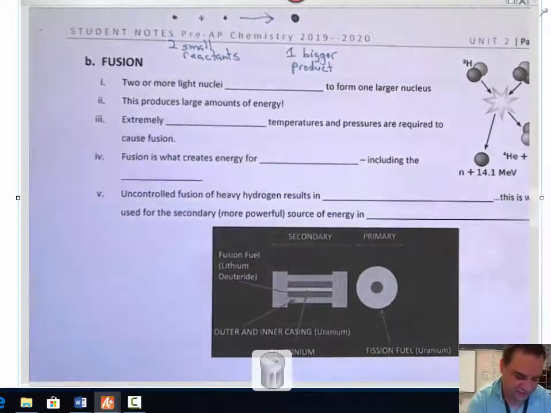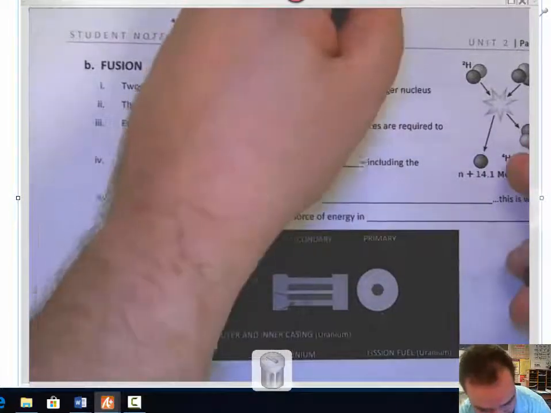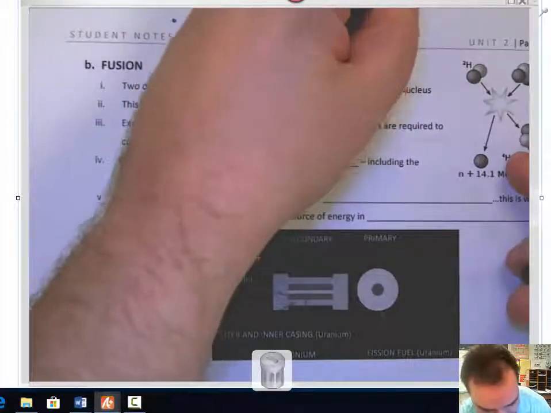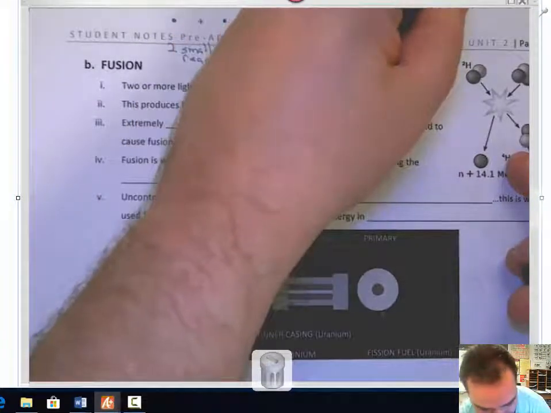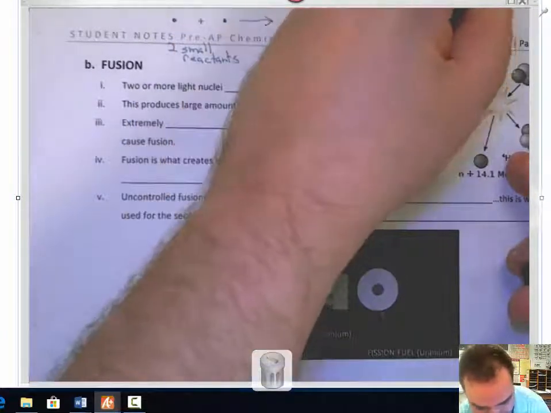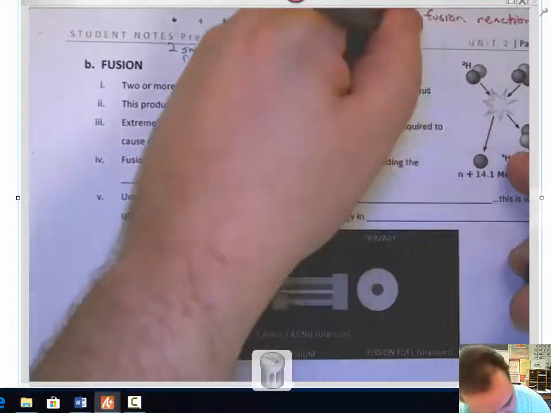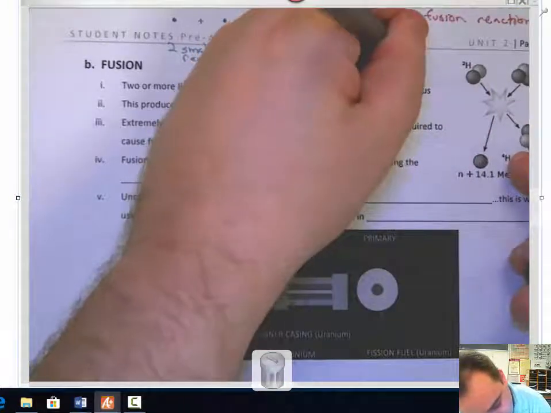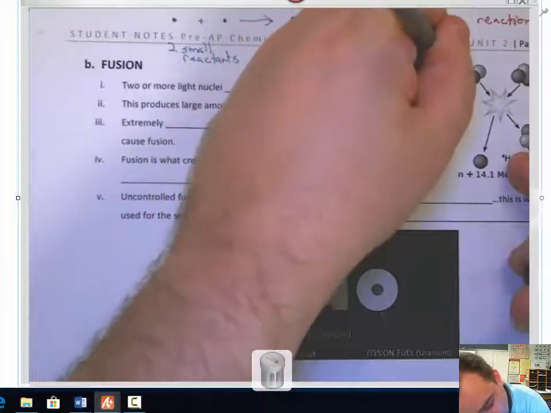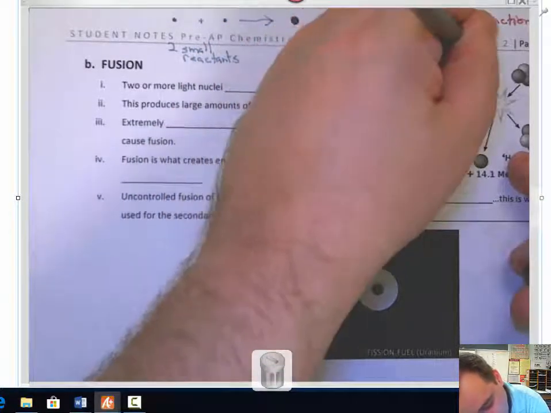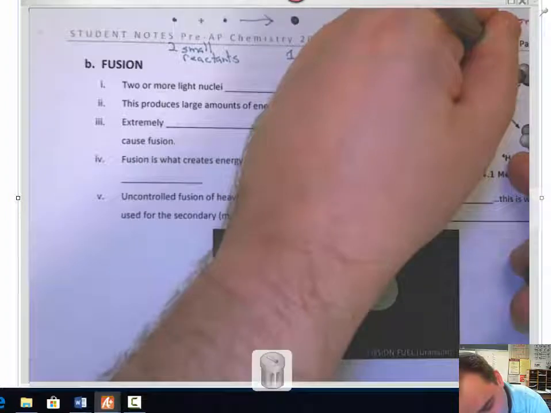The classic fusion reaction is when you take hydrogen and add it to hydrogen and make helium.